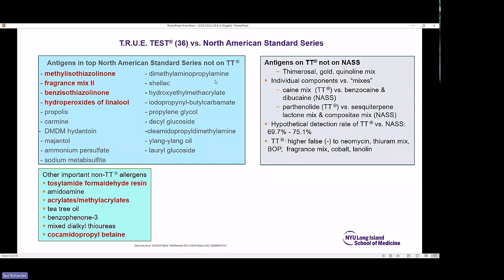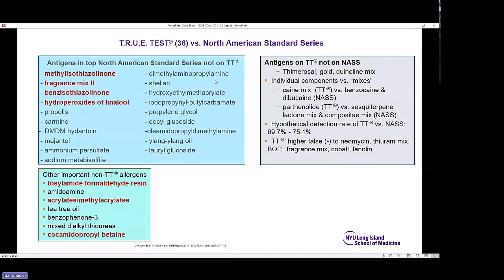Currently, 99% of vaccines don't have mercury anymore. So the North American Standard Series had removed thimerosal because the relevance is very low. Gold, obviously, you see a lot of false positives with gold. Again, whether it has to be in a standard series or not is a question. Relevance of gold is a bit questionable. And the quinoline mix is also a bit questionable in terms of relevance.